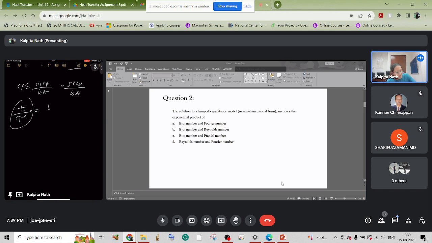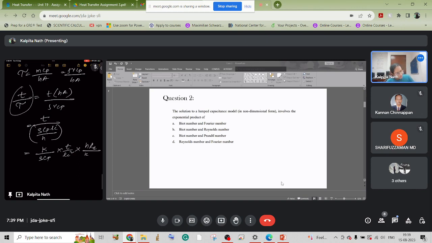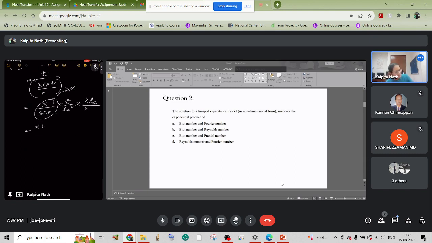So this we can write as t hA upon rho V Cp, and this we can write as t upon rho Cp Lc upon h. So this is k upon rho Cp into t upon Lc, into h Lc by k, like we are just rearranging this, nothing else. And this is obviously alpha. So this we can write as alpha t upon Lc square, and this we can write as h Lc by k.